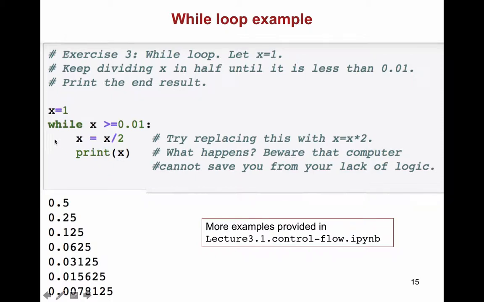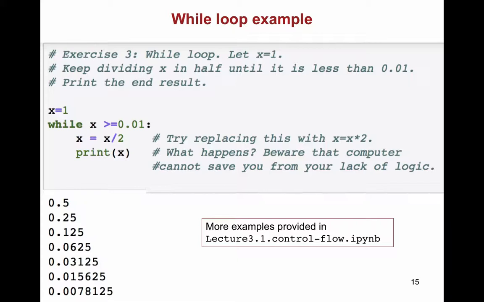And then I have this block of statements that is indented by 4. This block will execute only if this expression is true. Whatever I put here, design is up to me.